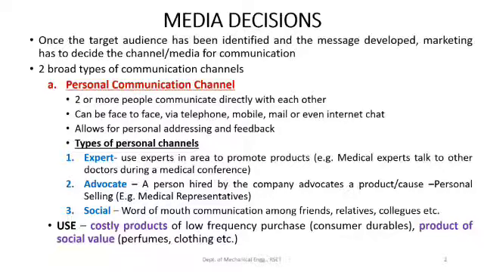The second type of personal channel is called an advocate. Now, an advocate is basically a person hired by a company who advocates a product or a cause. Okay, and this is basically what we refer to as personal selling. For example, medical representatives.